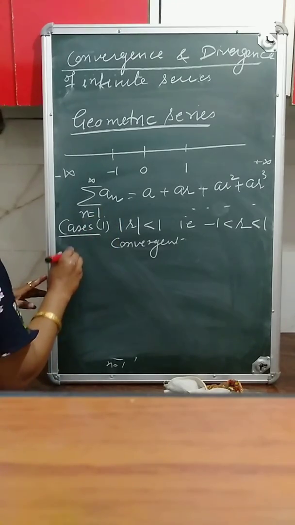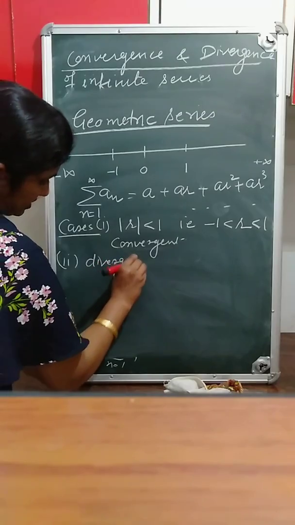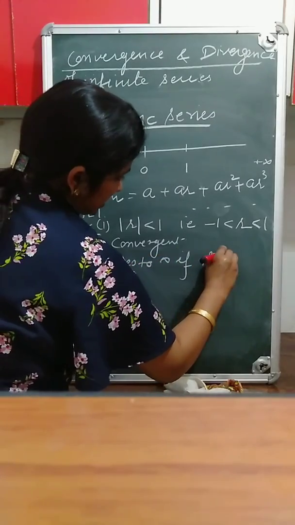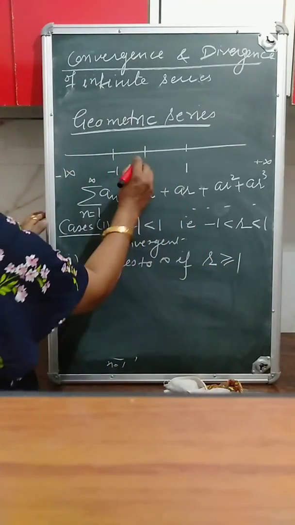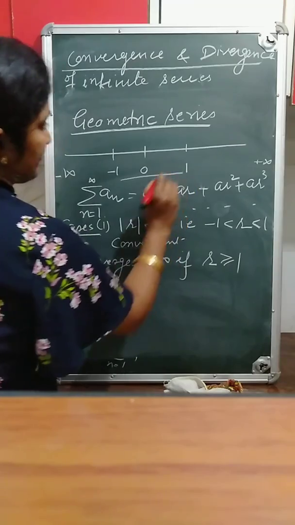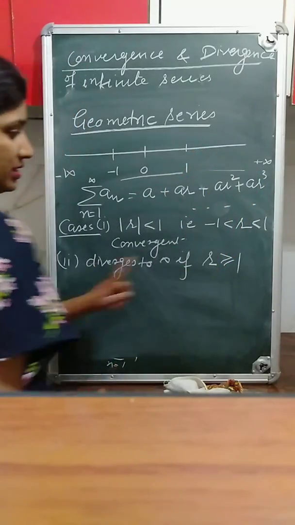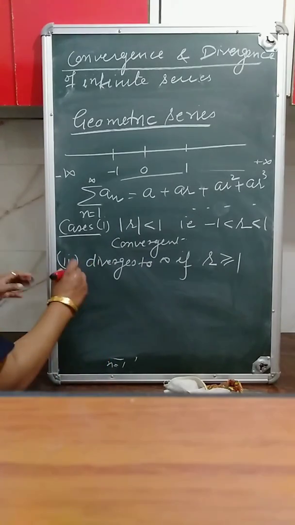Second, it diverges to infinity if r is greater than or equal to 1. Considering the real line, from -1 to 1, it is convergent. Either 1 or greater than 1, this series is divergent, diverges to infinity.